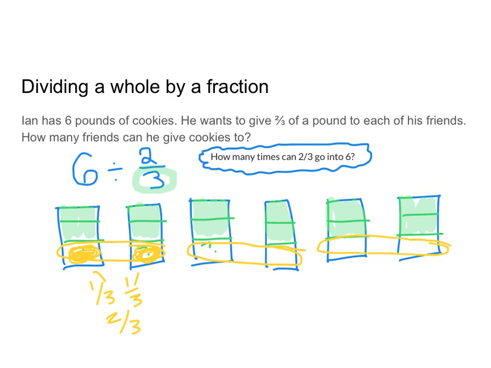That could be another one. So let's count them up. First I got 1, 2, 3, 4, 5, 6. Then I had a 7, 8, and 9. So according to my model, 6 divided by 2/3 equals 9.